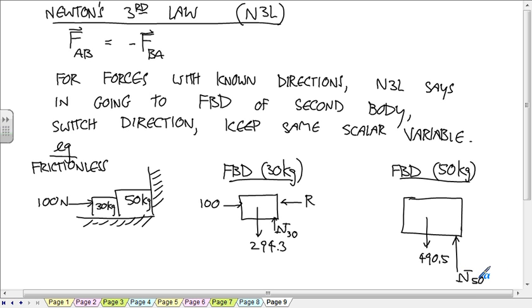That's the normal force on the 50. There's some force of the wall pushing on the box, call that F. And now this is where Newton's third law comes into it. The force on the 30 by the 50 is this. So the force on the 50 by the 30 is the same variable in the opposite direction.